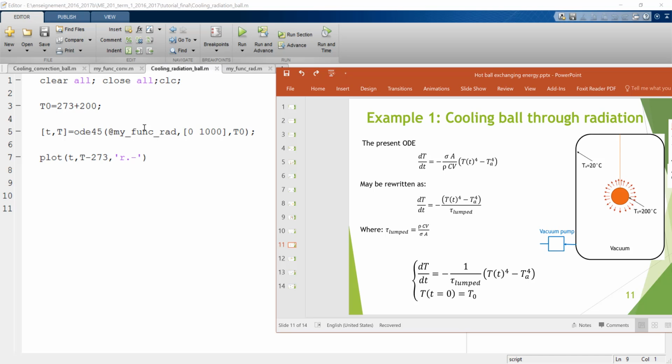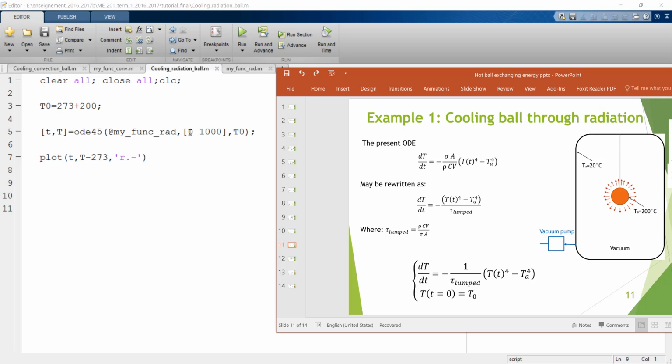We have to create my function radiation, which is all this second member. We have to write a function for this and call it in ODE45, from t equals 0 to t equal to 1000 seconds, and the initial value for the temperature is T0.